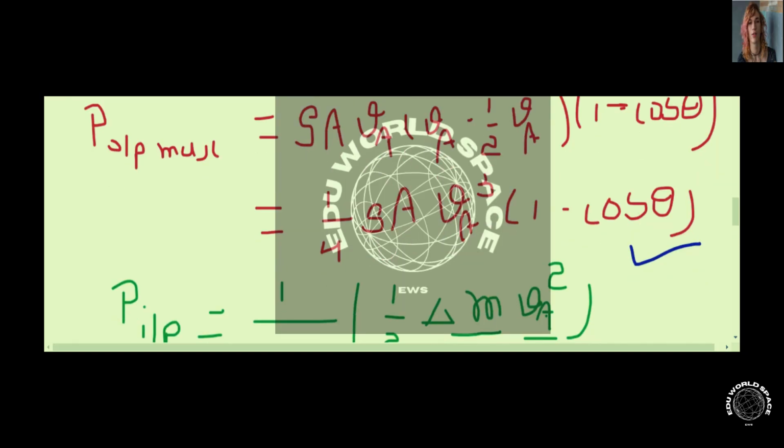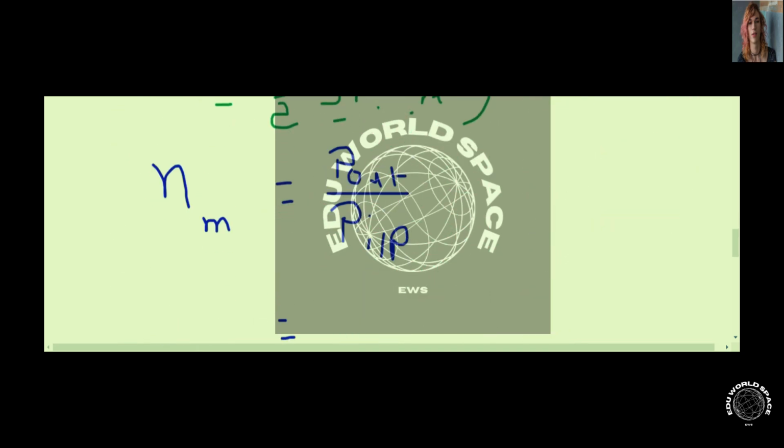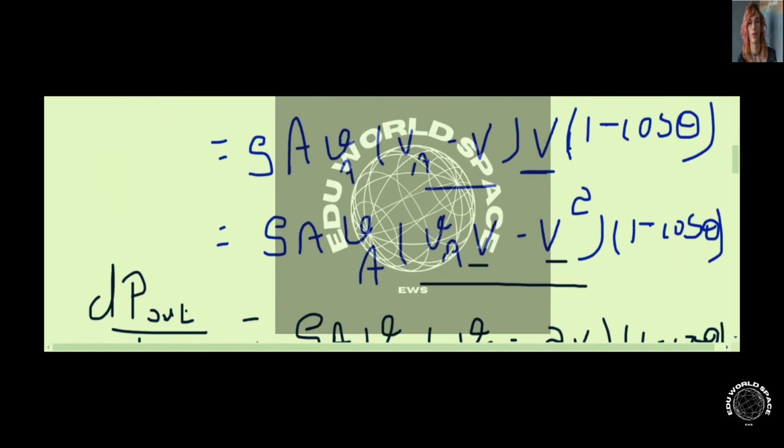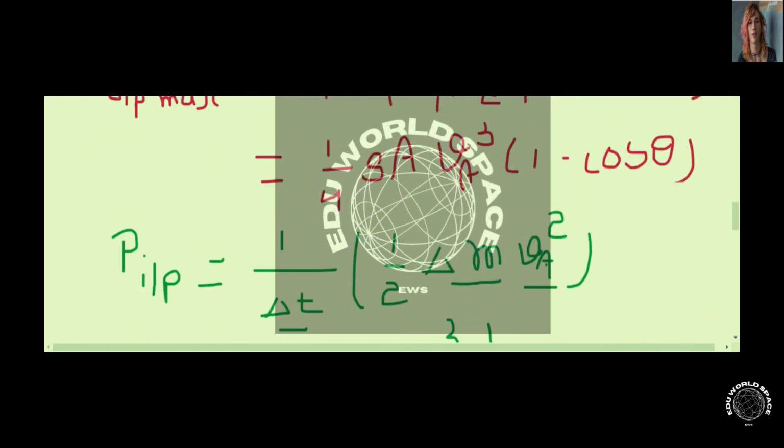Here we are taking the ratio of the two powers, output power and input power. My output power is this one, and my input power is this one.